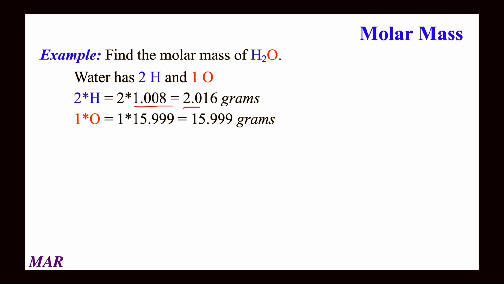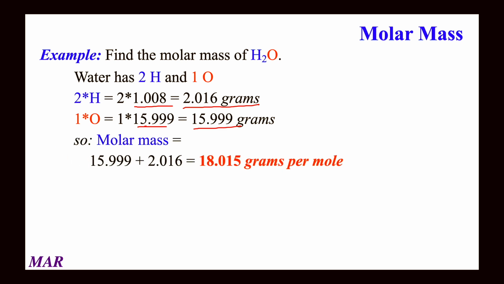So this many grams comes from the hydrogen. And oxygen, 15.999, 1 times that number is this number right here. And you add them together, the molar mass, 18.015 grams per mole. That's the molar mass of water.